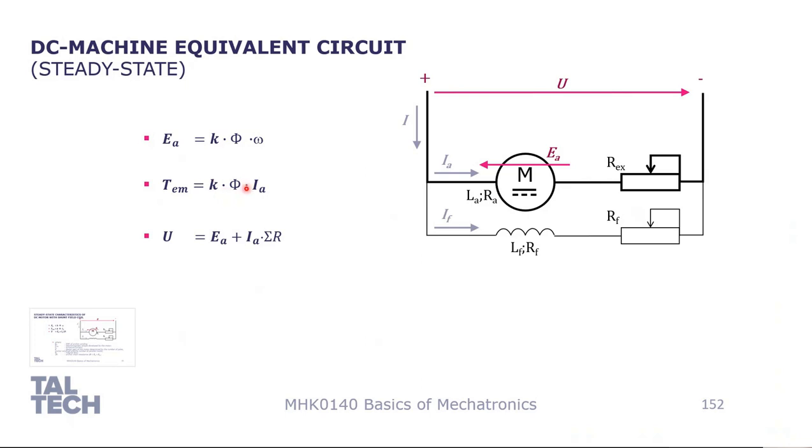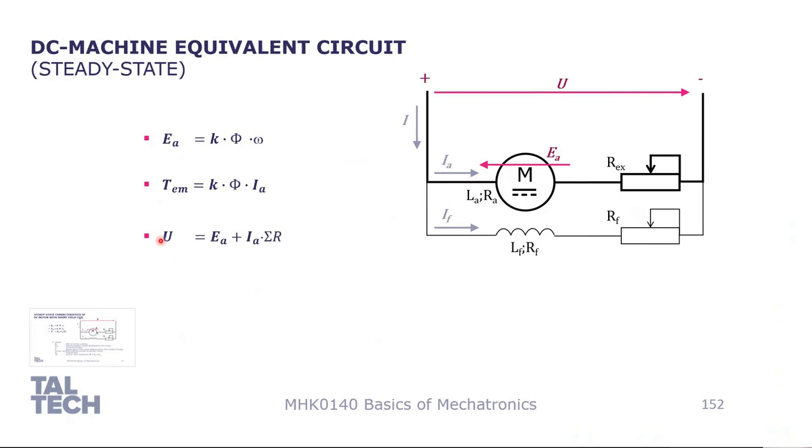The same construction gain, the same magnetic flux, and the armature current that is flowing through the armature winding circuit, and we have here also an external resistance that can help us to control this current. It means that by having this resistance here, we can also change the torque. We can limit the torque, because we cannot increase the current in this case, but we can definitely decrease the current.